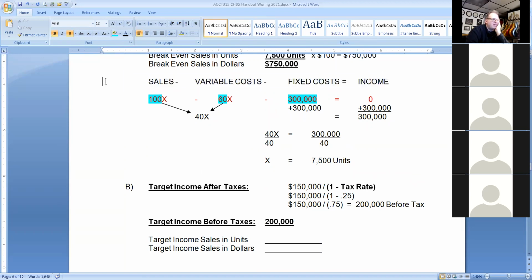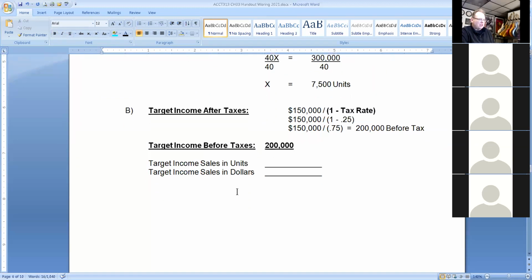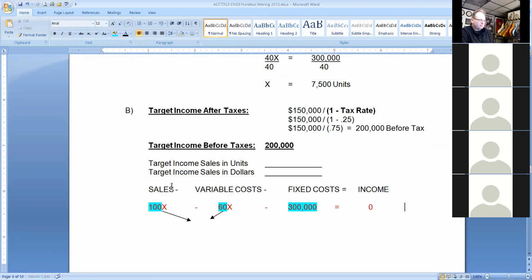Let me copy this down here. So this is how this is going to look. Instead of 0, we're going to have the 200,000.